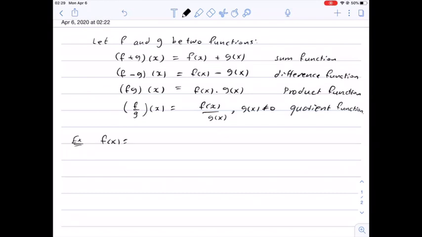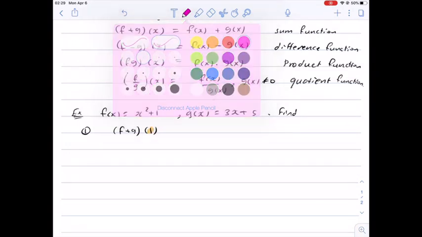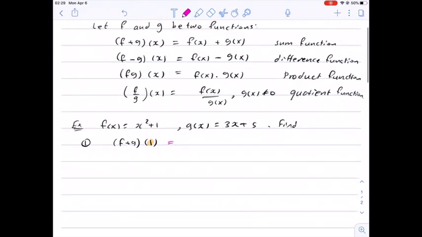For example, if f of x is given by x squared plus 1 and g of x is 3x plus 5, we want to find first f plus g of 1. Instead of writing it in terms of x, we want to substitute 1. So the notation says that f plus g of x is f of x plus g of x.